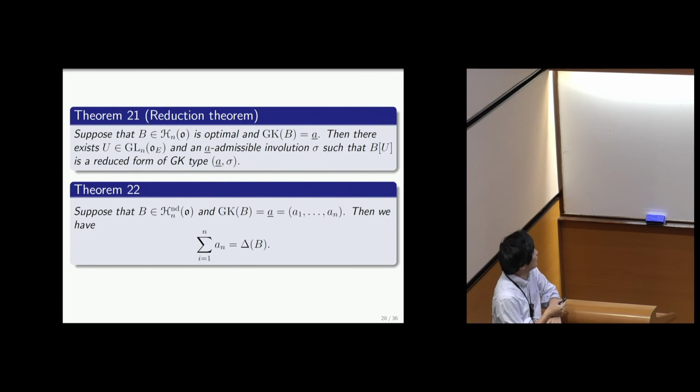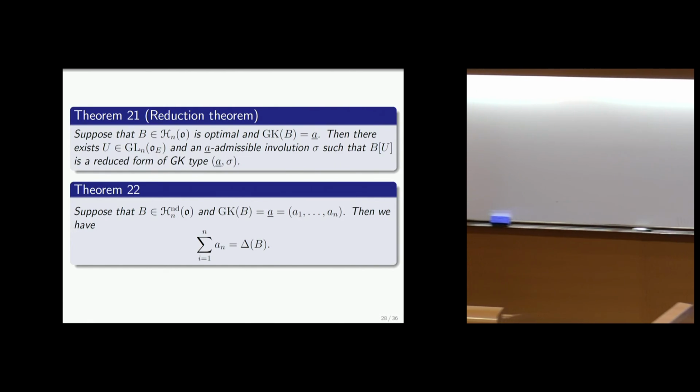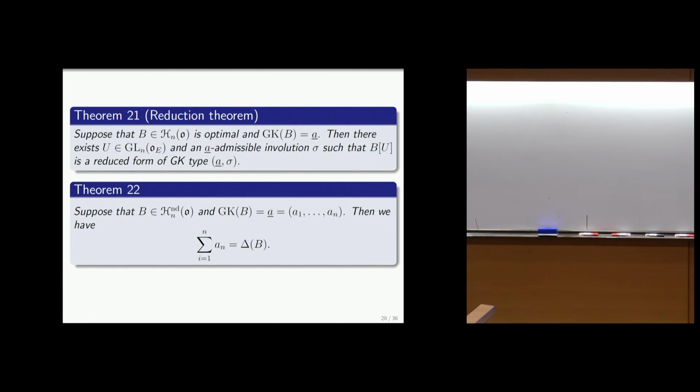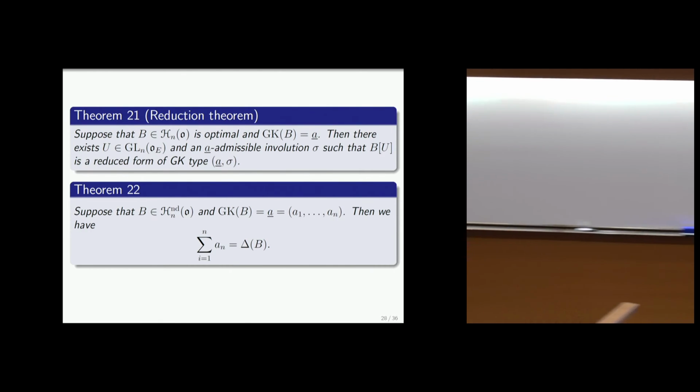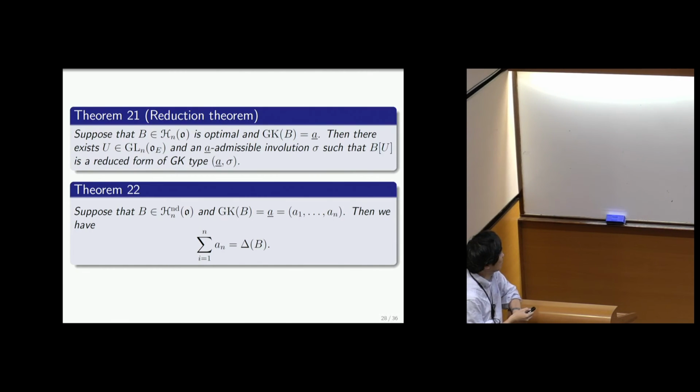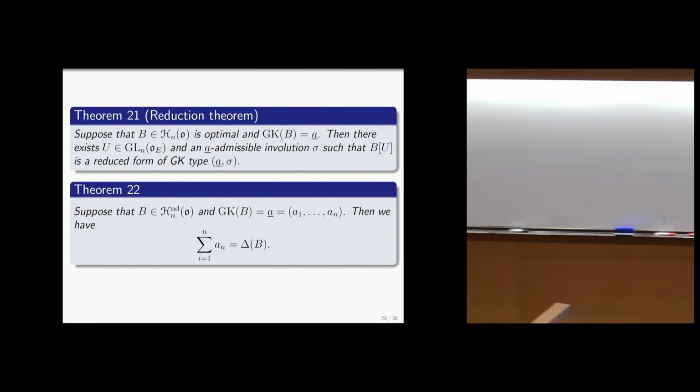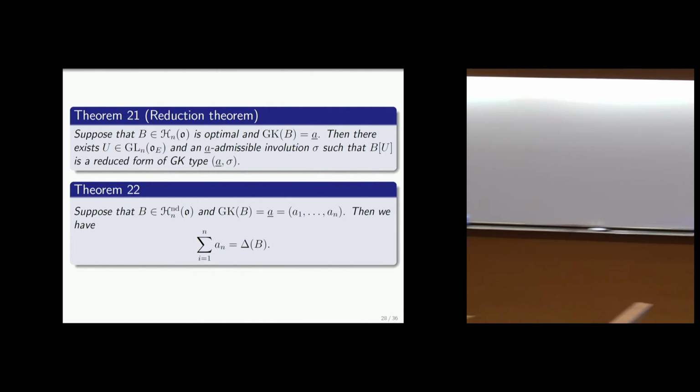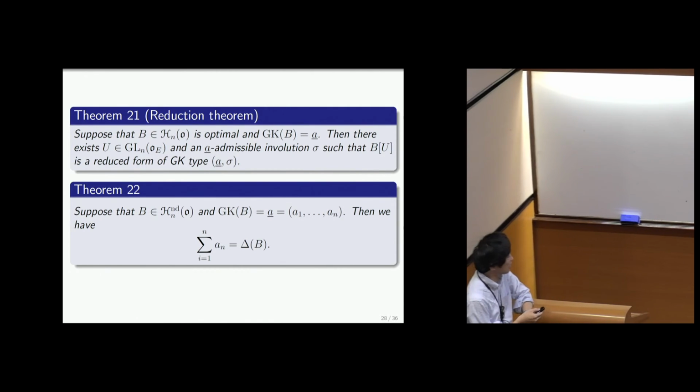By this reduction theorem, we can show that the sum of i equal 1 to n of A_i is equal to delta of B, where A is the Gross-Keating invariant of B.